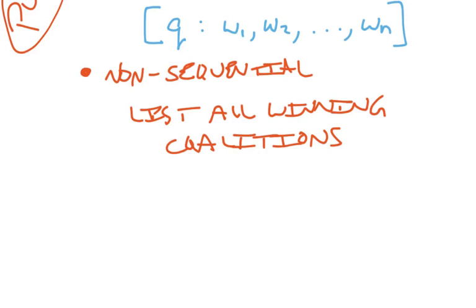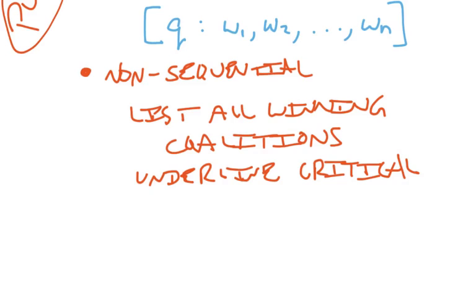All right, so you list all the winning coalitions, and then you underline what we call the critical players. The critical players are those whom, if you remove them from the winning coalition, the coalition no longer wins. All right, so they're important in that coalition. The coalition can't pass without them. All right, so you underline the critical players.